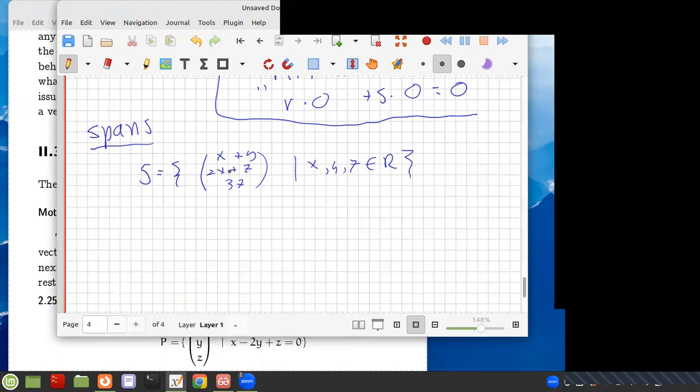Now, one thing I can do with this that we've done before is that this might be what you get as a solution of some linear system, sort of vaguely. Let's say 2y plus z, and then this would be y and z.